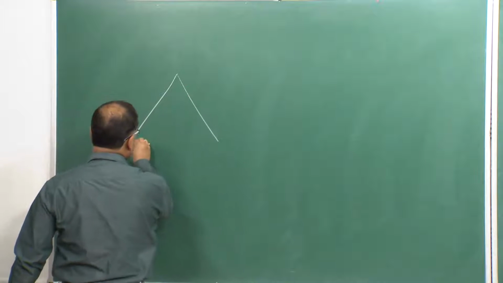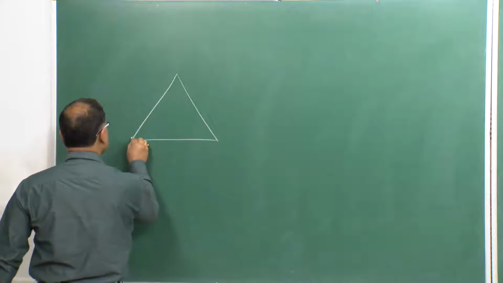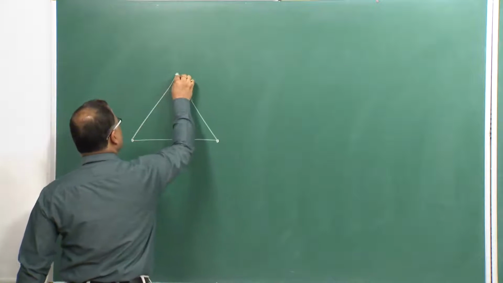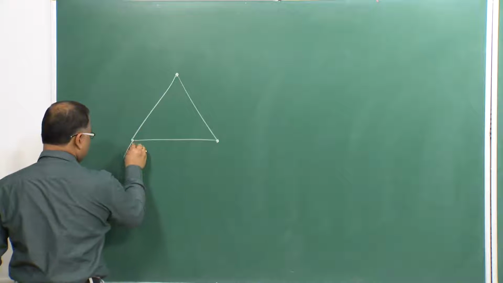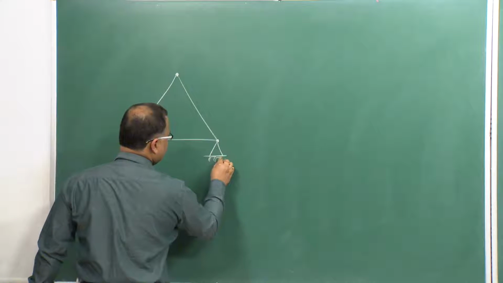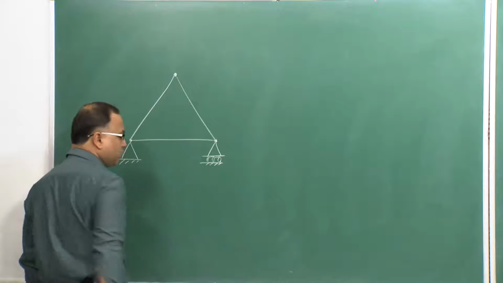Now, if you look at this truss, which is made of three members and three joints, say this is your hinge support and this is your roller support, that means it will form a simple support.